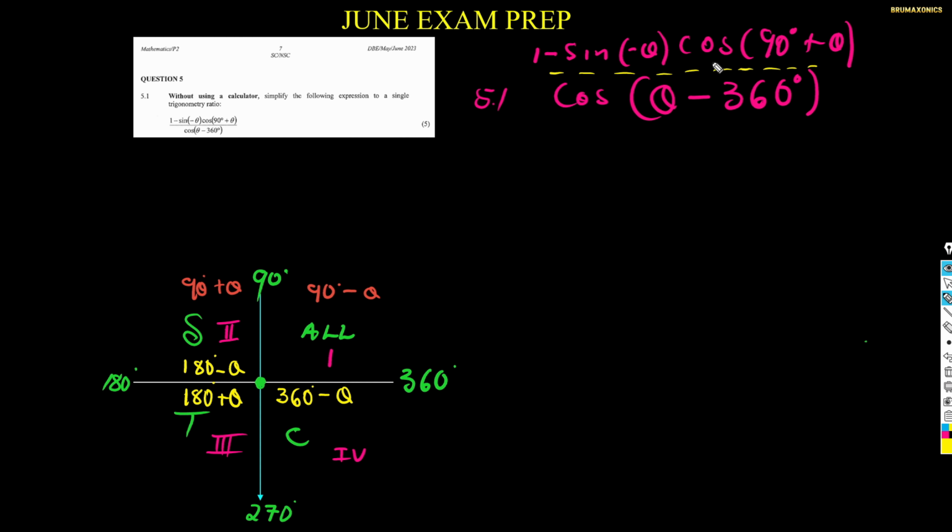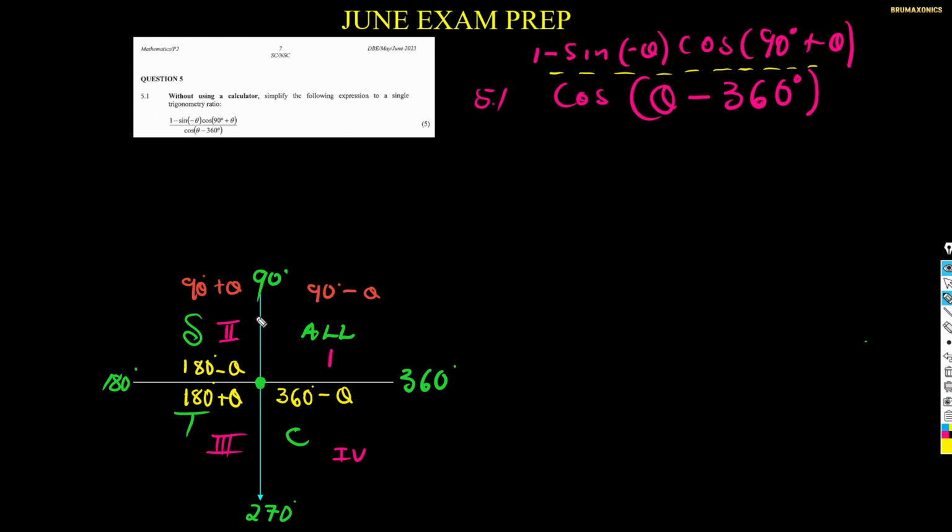We have the cos of 90 degrees plus theta, and we know that this particular cos should change into sine, and that will definitely be a good thing because we already have a sine of negative theta here, so we can deal with it. And as you can see, cos of 90 degrees plus will change into a negative sign, right?